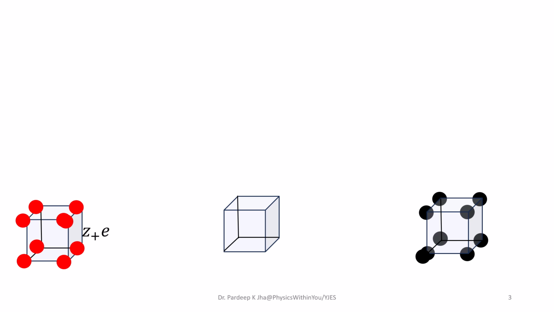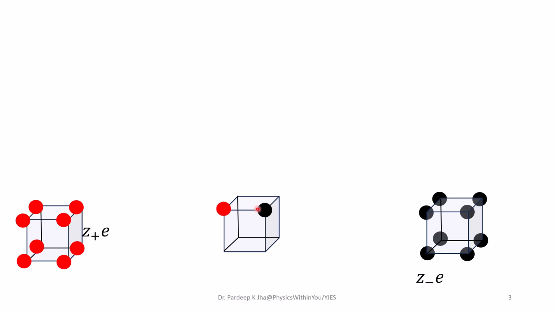So Z plus E is the charge on one atom when they are separated, and Z minus E on the other, in the case of the negative ion. So what will happen in this case? They will try to form an ionic crystal.